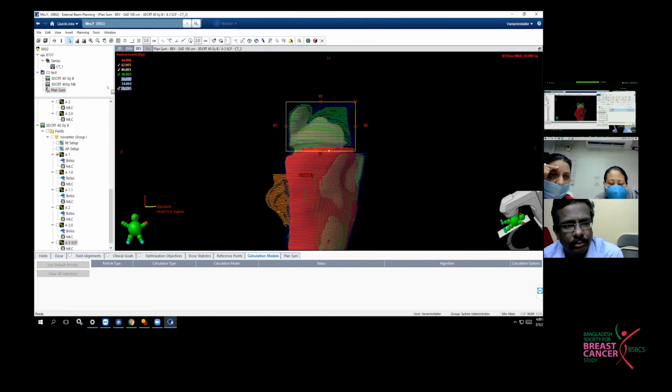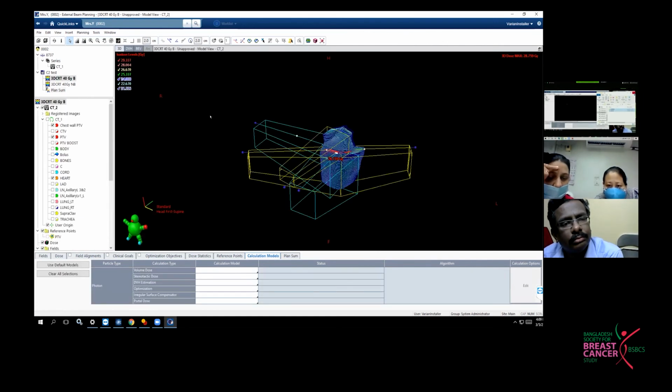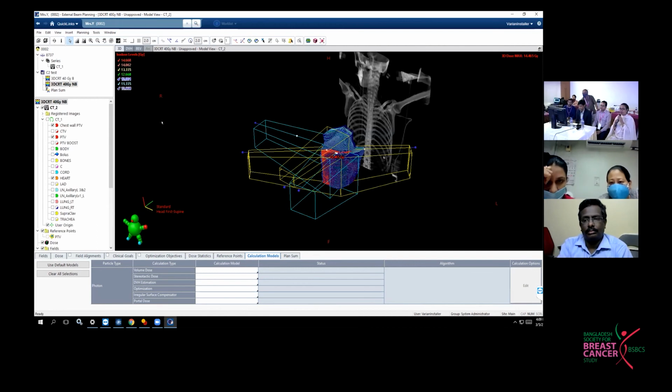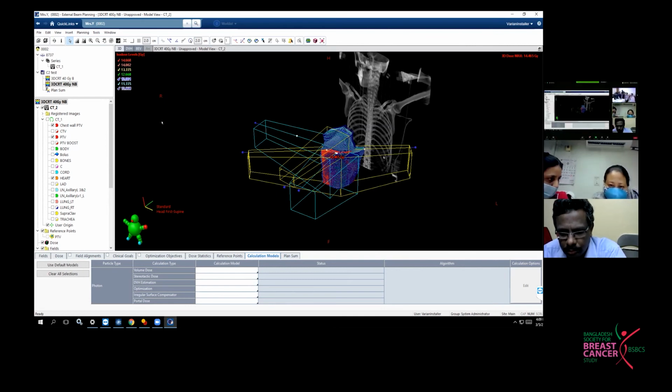So do you do the calculation in AAA or in Acuros? It is done by AAA. Here we use Acuros for the breast cases, because Acuros can take care of the inhomogeneity of the lungs better than AAA. So we use Acuros very strictly for the dose calculation in the breast cases.